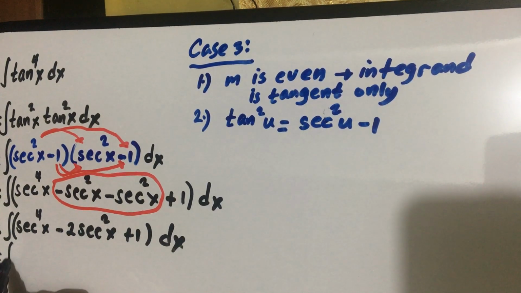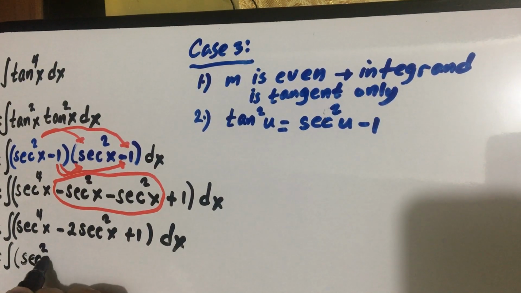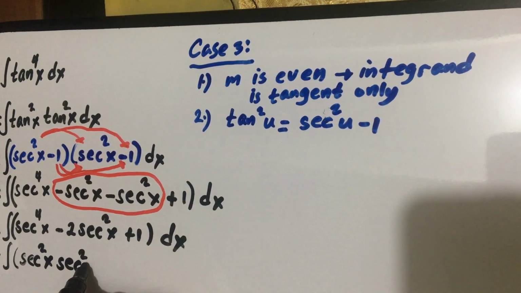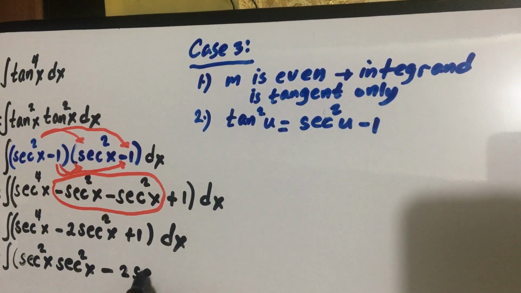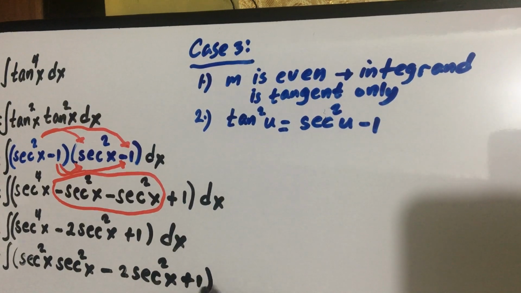So this can be written as the integral of secant squared x times secant squared x, then minus 2 secant squared x plus 1 dx.